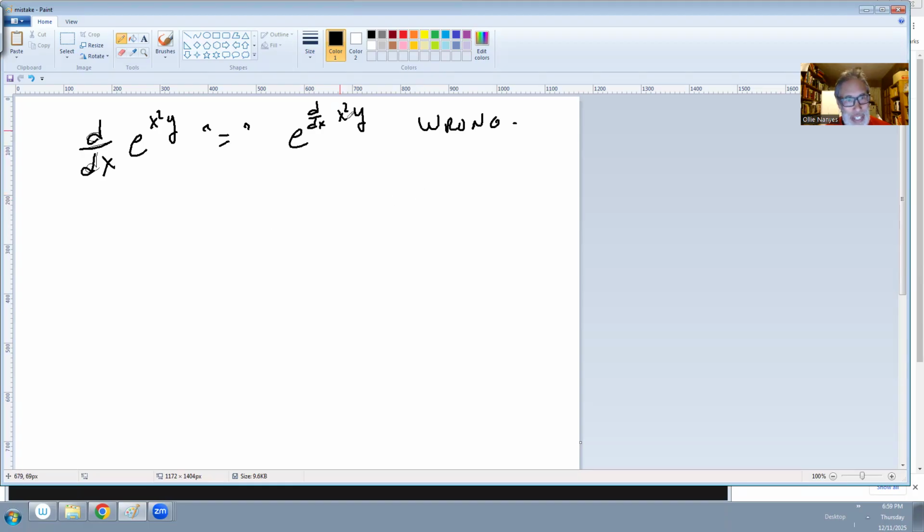But what happened if you went ahead and did this, this part really is equal to, using the product rule, 2xy plus x squared dy dx. And they also had this equal to, in this case, 5.